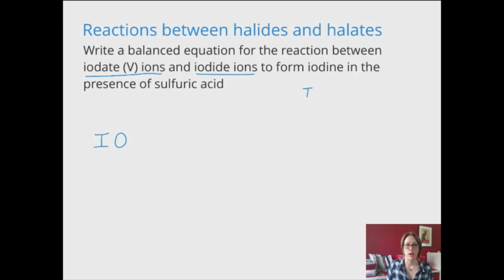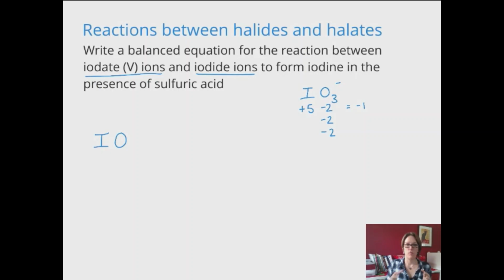How would you do that? Well, I know it contains iodine and oxygen because we'll have the word iodate. I also know that "ate" means a negative ion and that oxygen has a -2 oxidation number. So basically, if iodine has a +5 state, which is what's told in iodate 5, it's a case of how many oxygens do I need to add to my +5 until I get a negative charge.